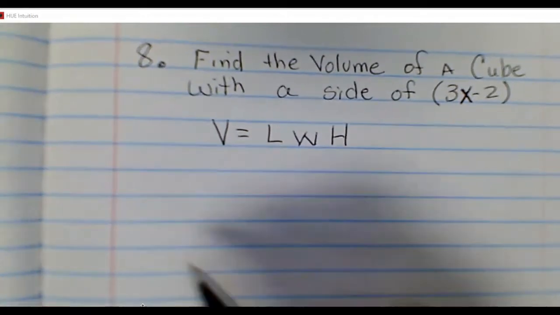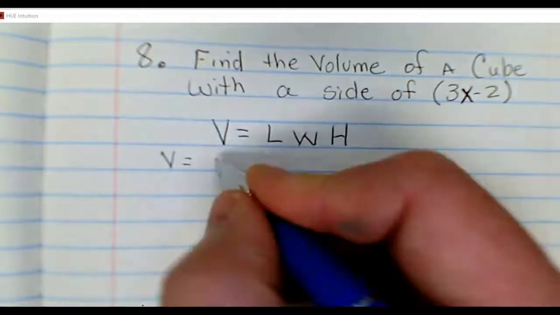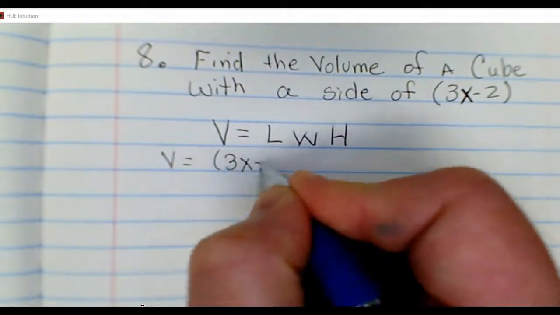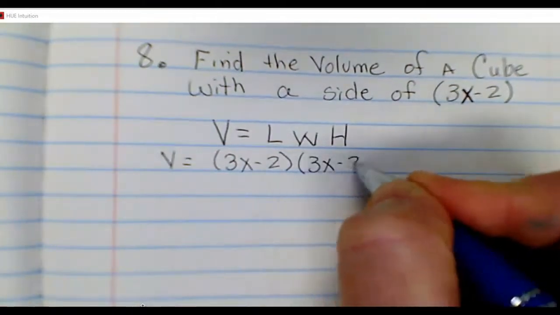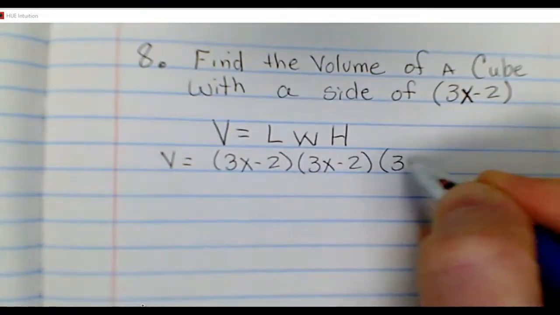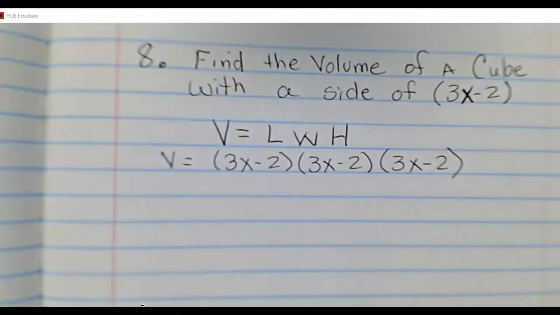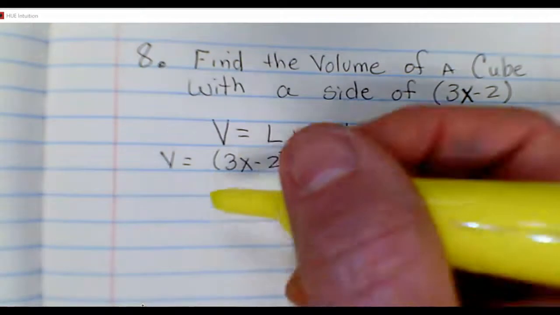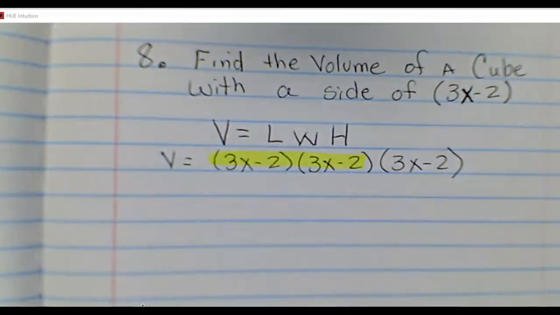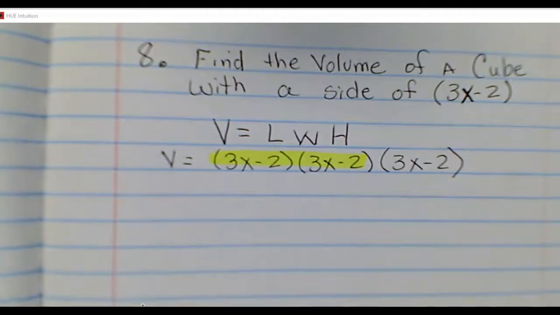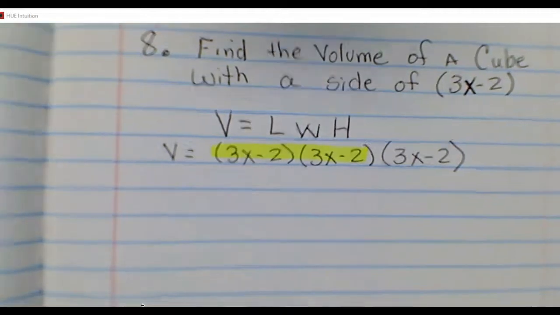So to find the volume, we're going to need to multiply a 3x minus 2 for the length, and a 3x minus 2 for the width, and a 3x minus 2 for the height. If you have 3 binomials, you have to pick 2, multiply 2 together, get that answer, multiply it by the third one.